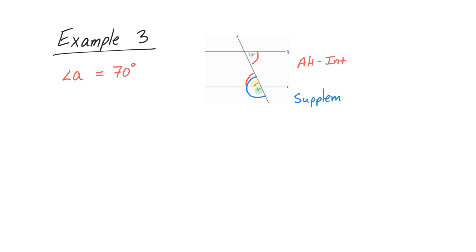That means that angle A plus angle B is going to equal 180 degrees. If A is 70, then to find what B is, I have to take 180 degrees minus 70, and whatever is left over is going to be angle B, which is 110 degrees.